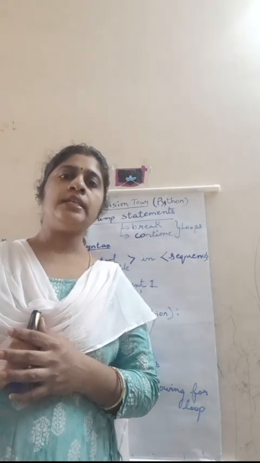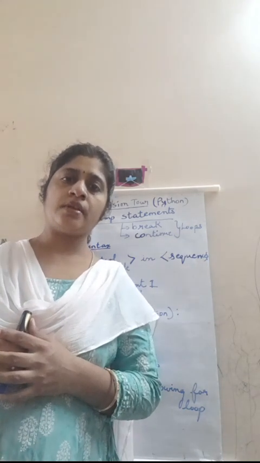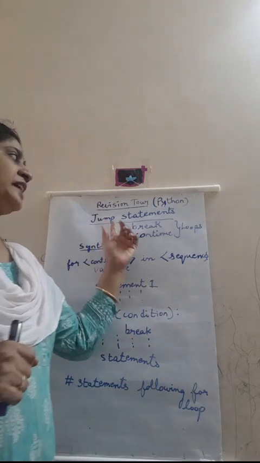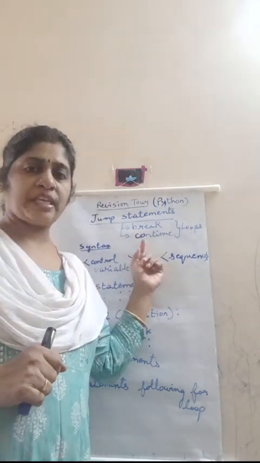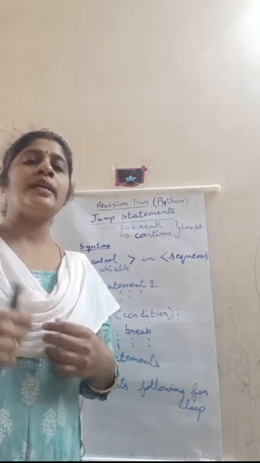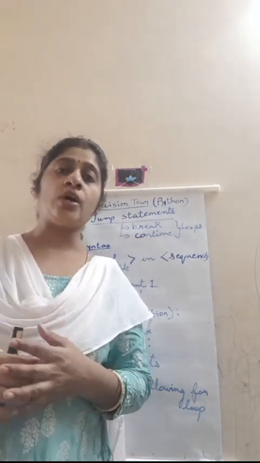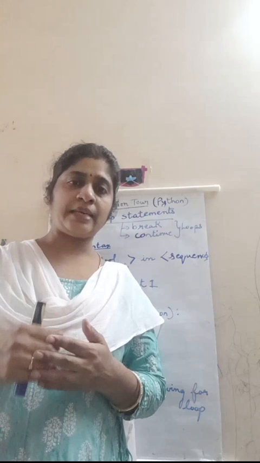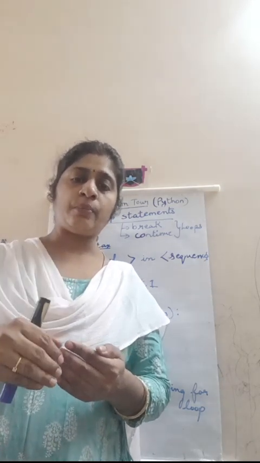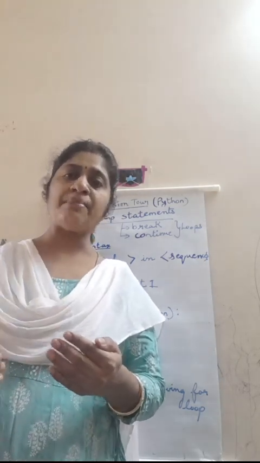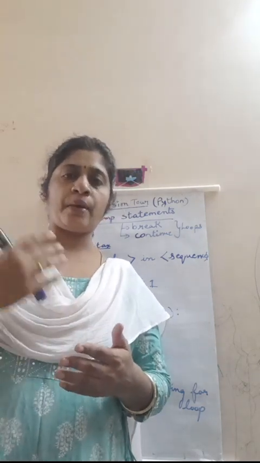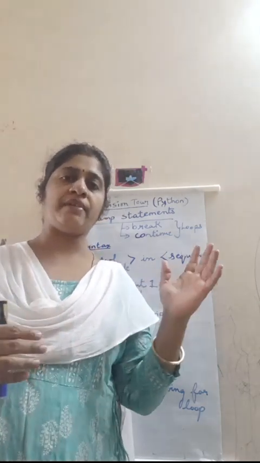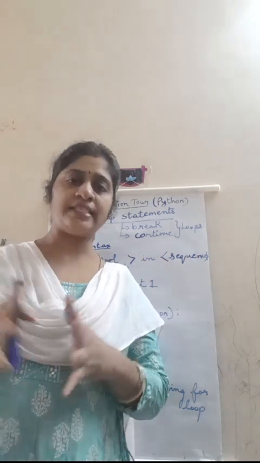Now what are jump statements? There are two types of jump statements. One is break statement, another one is continue statement. Why are they called jump statements? Because the control jumps from the current position to the statement following the loop or to the beginning of the loop, depending upon the statement, whether it is a break or continue, that we will see.